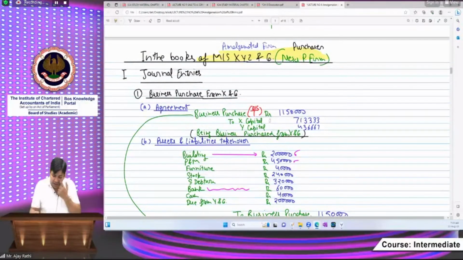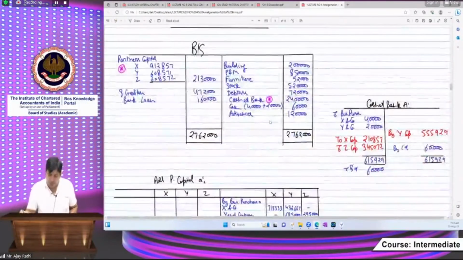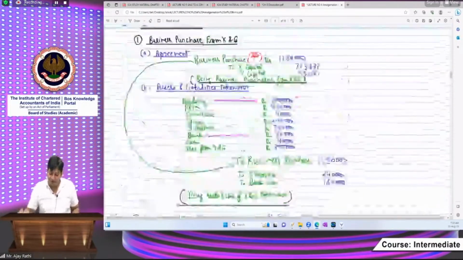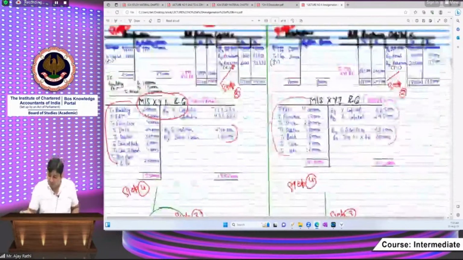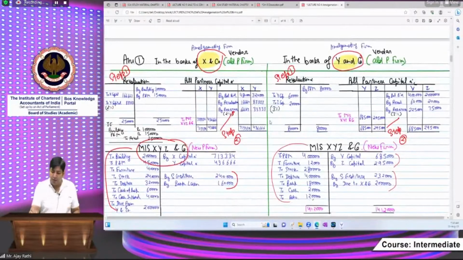How the journal entries are to be posted, along with the workings also, and what the balance sheet is thereafter, after merger. So beta, we shall be practicing all the things systematically, step by step. First, we shall complete the revision of earlier class that was in the books of old firm. Instead of doing a lot of questions, first you have to get clear on the one question, and that concept is to be applied on different questions.